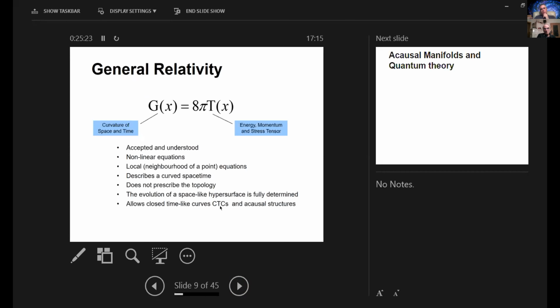And what is known as an esoteric feature of this is that it does allow closed time-like curves. There is nothing here that prescribes the causal structure.